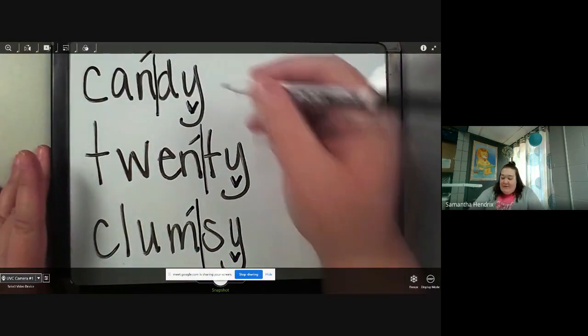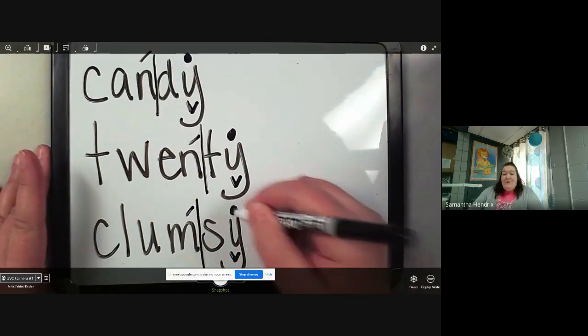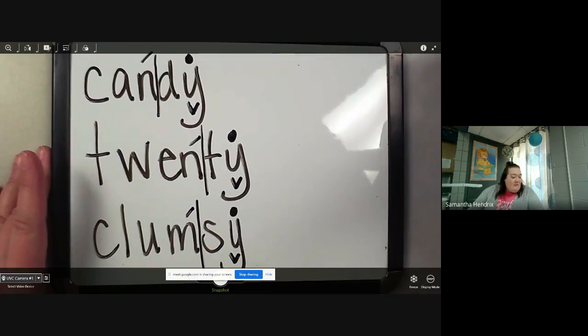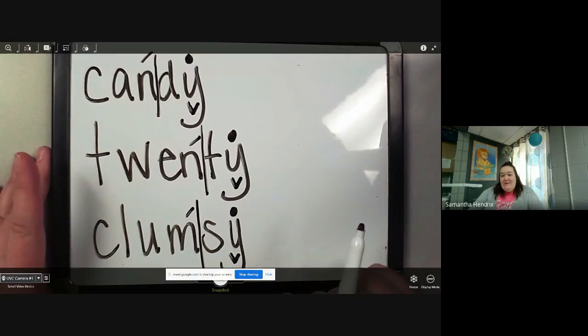Oh, we code our vowel Y with the dot, okay? So look at the Y in each of these. Is the Y accented? Is it in the accented syllable?